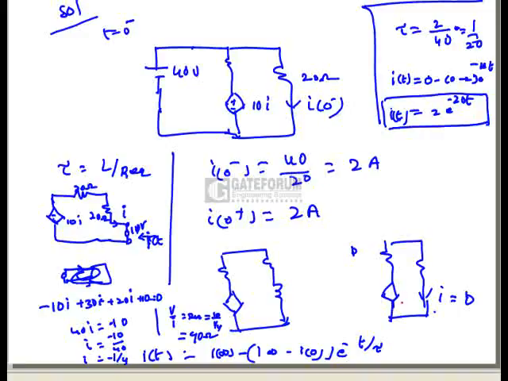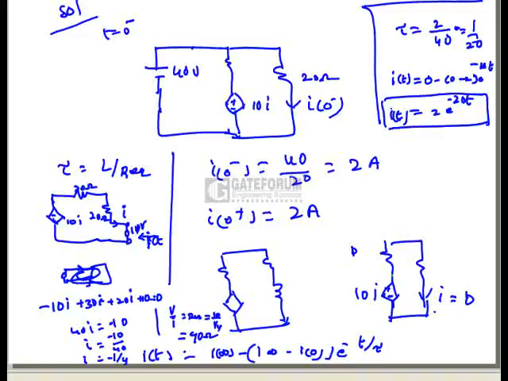This is the diagram corresponding to t equal to infinity. Here there is no independent voltage source. So obviously if there is no independent voltage source in this network, the current through the network or voltage across any branch in the network is 0. So obviously the current is 0. So we conclude that at t equal to infinity the current I is 0.